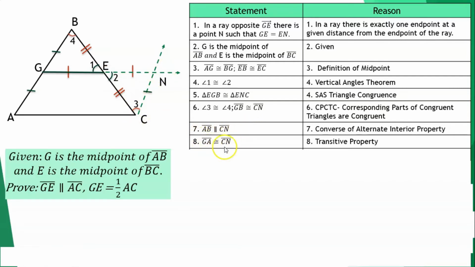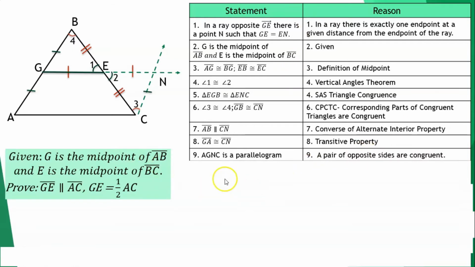So where is this coming from? Take note here, GB is equal to CN and GB here is equal to AG. So it would follow that AG is also equal to CN. That is by transitive property. Okay, next.